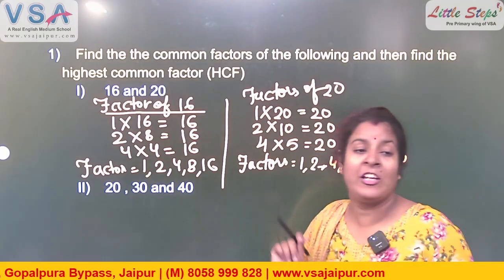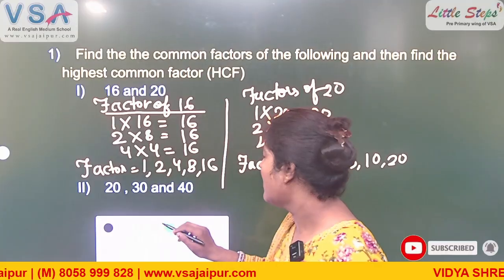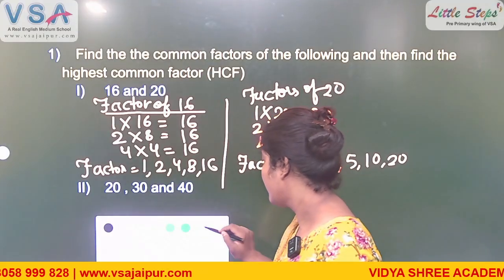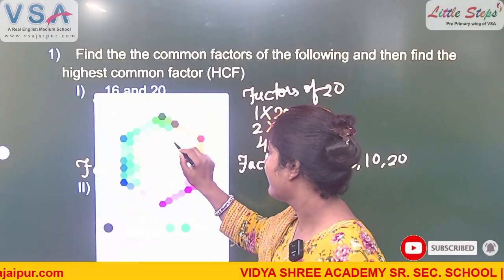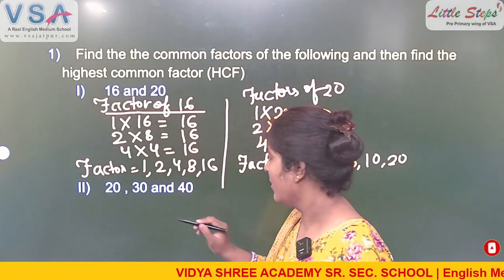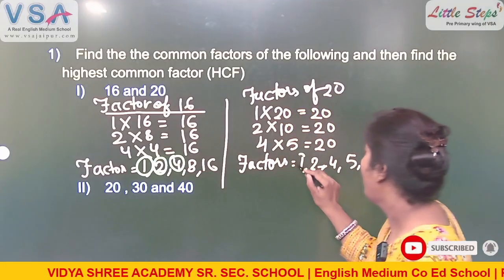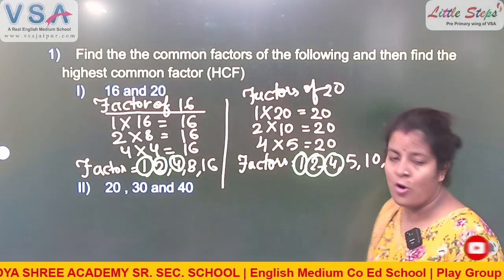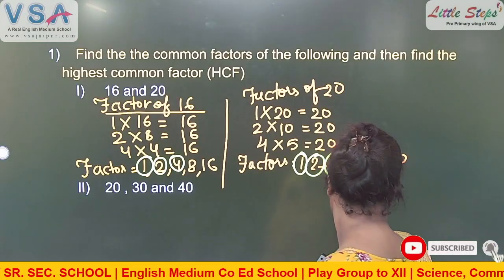And after that, we can find the common factors also. So circle the common factors. So 1, 2, and 4. Yes and no? Okay.